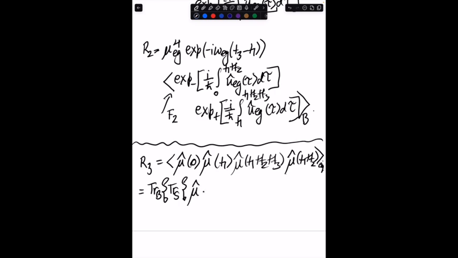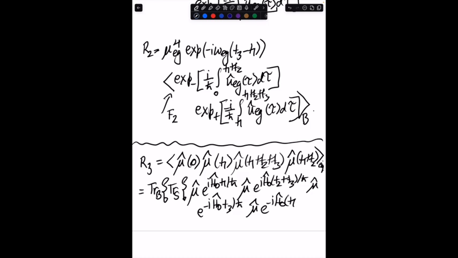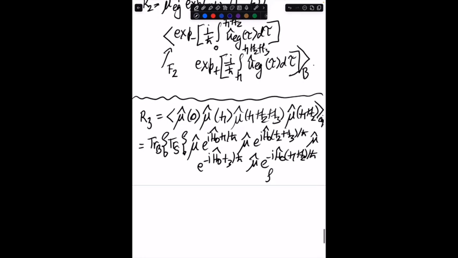You have mu, e raised to the power i h0 t1 upon h bar. Then you have mu, then e raised to the power i h0 (t2 plus t3) upon h bar. You have mu, and then e raised to the power minus i h0 t3 upon h bar. Then you have mu, and then e raised to the power minus i h0 (t1 plus t2) upon h bar. You can work the math out slowly just to verify this. And this is how this expression would look.